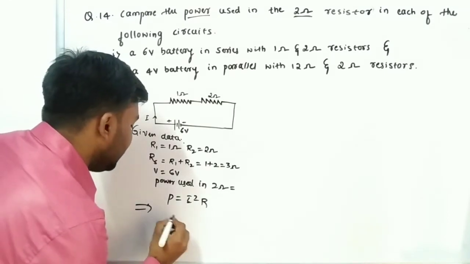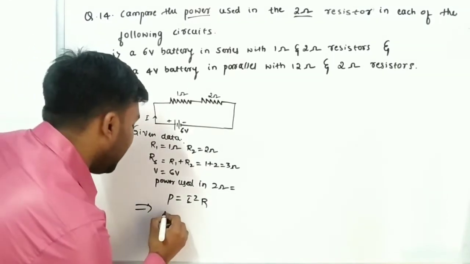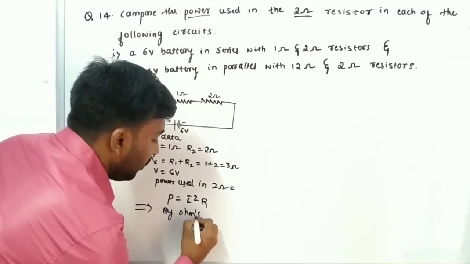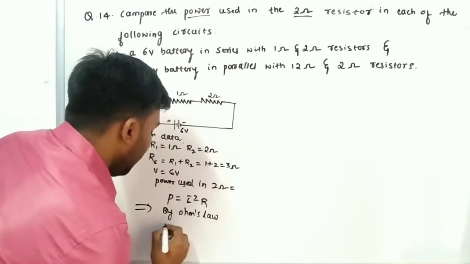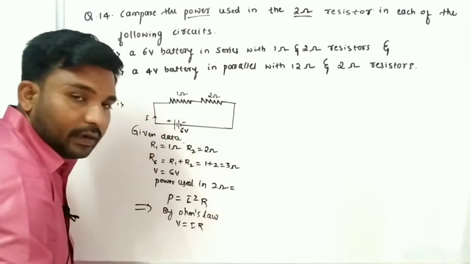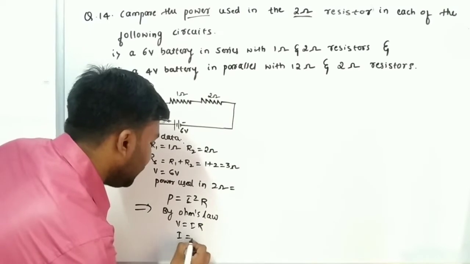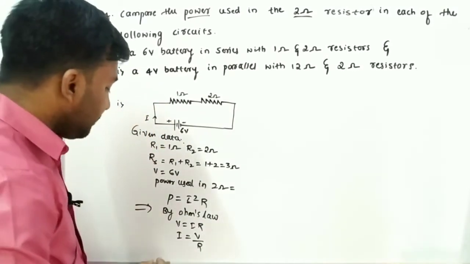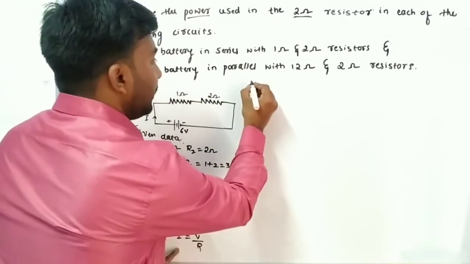By Ohm's law, we have V is equal to I into R. Therefore, I is equal to V divided by R, right? Okay, now put the value.